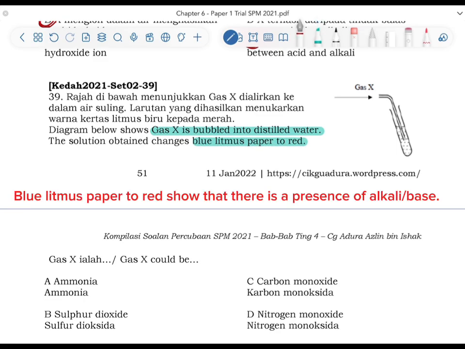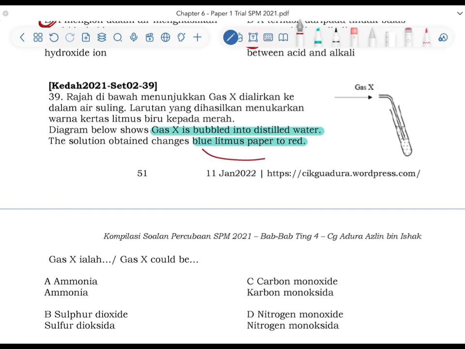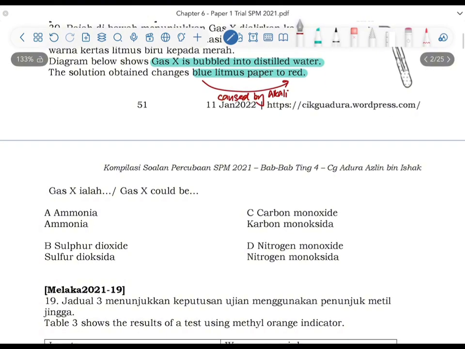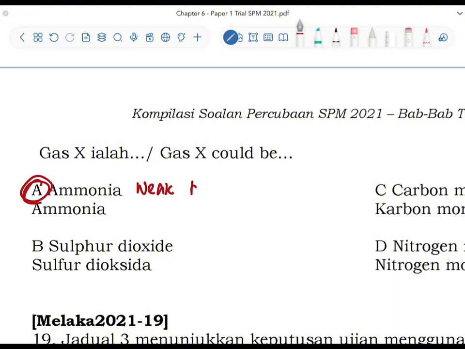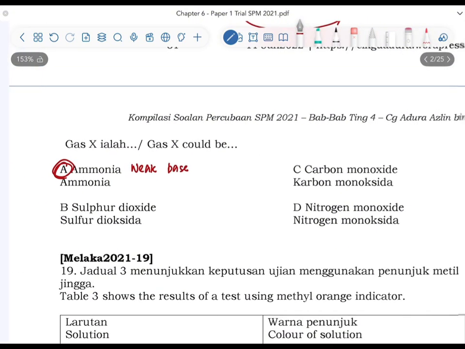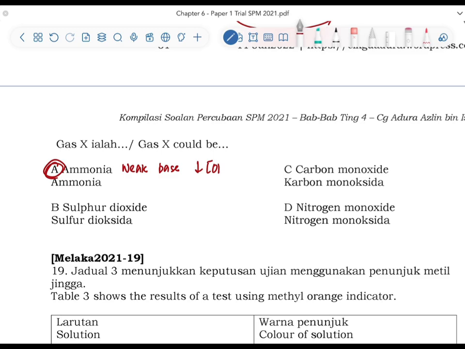When we observe this kind of reaction, which is blue to red, it means that it is acidic. Among A, B, C, D, the answer is A. Ammonia, for information, is a weak base which ionizes in water to produce a low concentration of hydroxide ions. Sulfur dioxide is found in acid rain. Since it is acid rain, it is acidic.